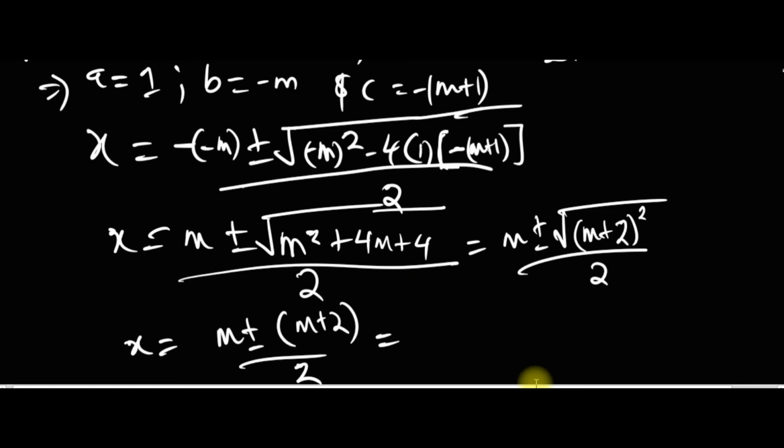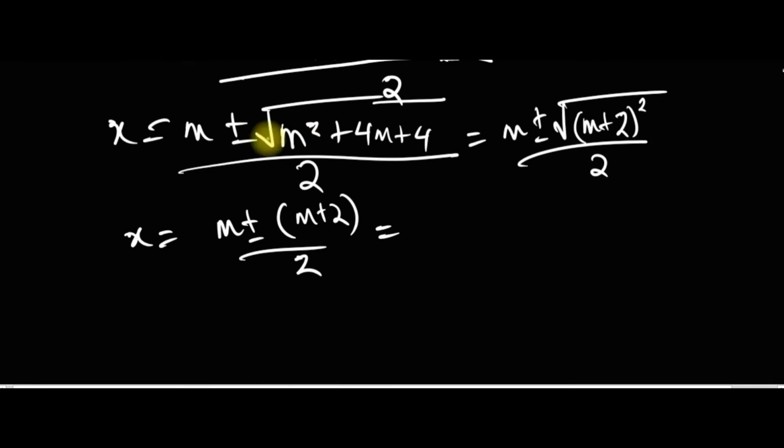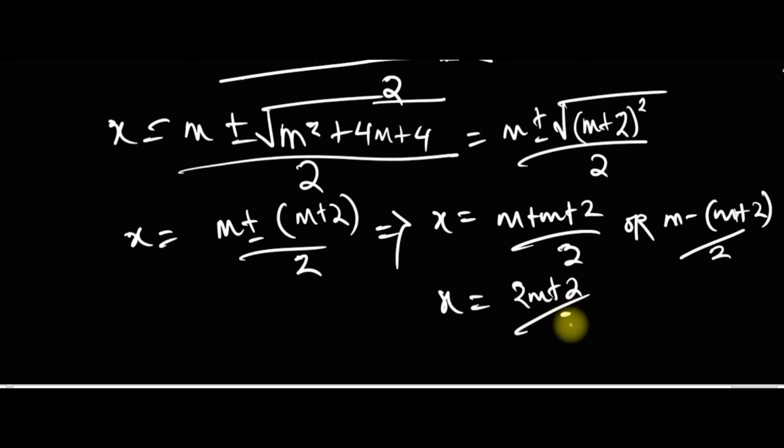So we see that we have two answers. Our first answer is for the addition, so x is m plus m plus 2 over 2, or m minus m plus 2 over 2. So we have 2m plus 2 over 2, or minus 2 over 2, which is minus 1.